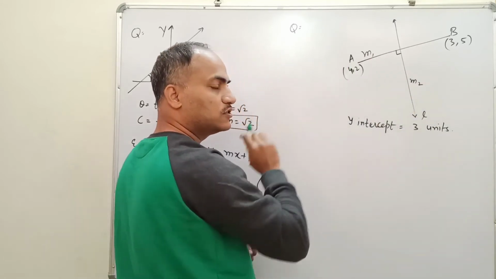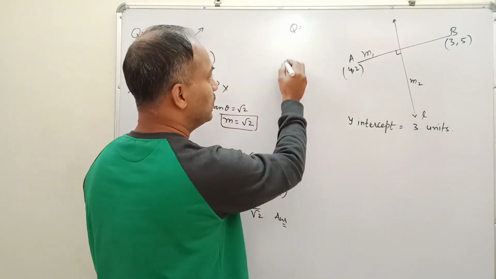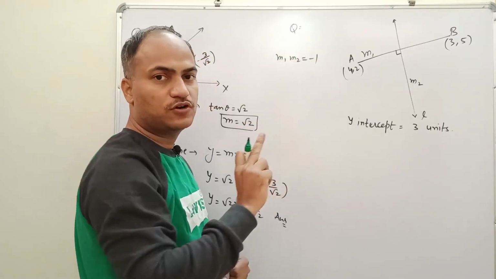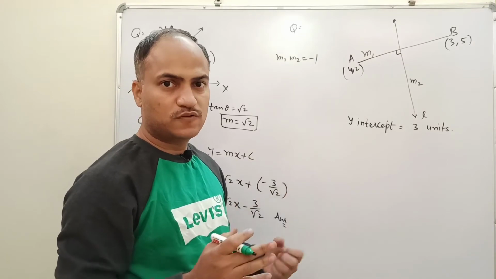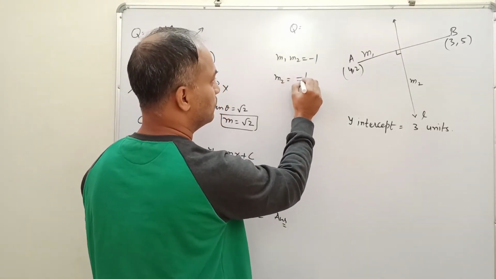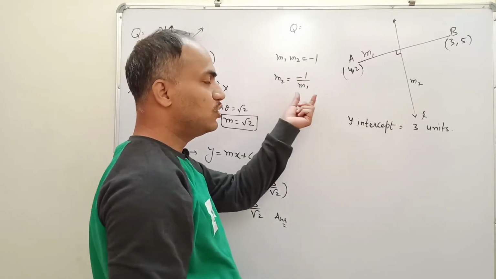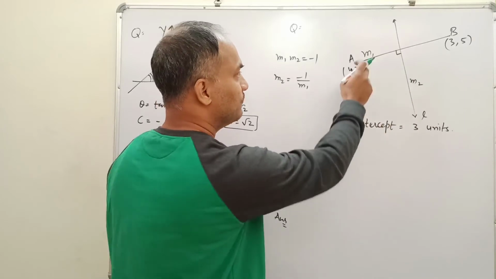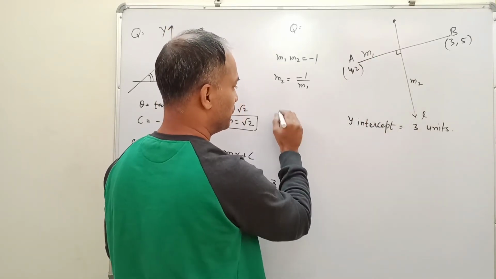For the concept of perpendicular lines, we know that m1 times m2 is equal to minus 1. For two perpendicular lines the product of slopes is minus 1. So here m2 is minus 1 upon m1. If we know m1, we can find the slope of this line, and m1 is just the slope of AB.